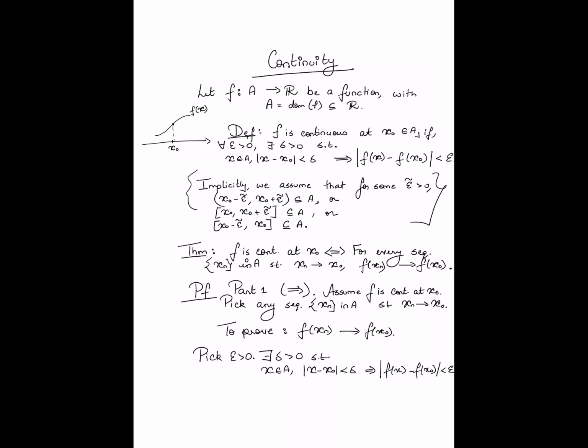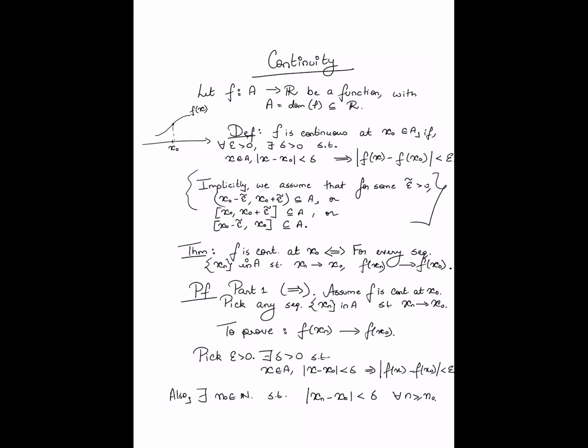Now, we also additionally know that the sequence xn converges to x naught, right? Which means that by the definition of that convergence, there exists, let's say, some n naught in N such that the absolute value of xn minus x naught is less than delta for all n greater than or equal to n naught.